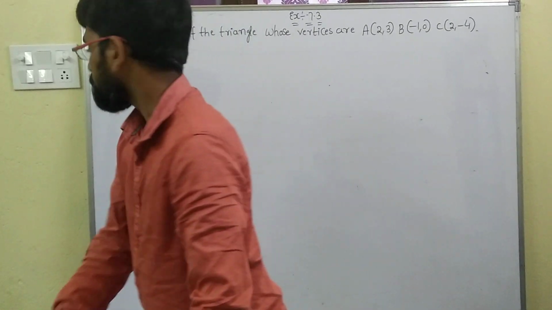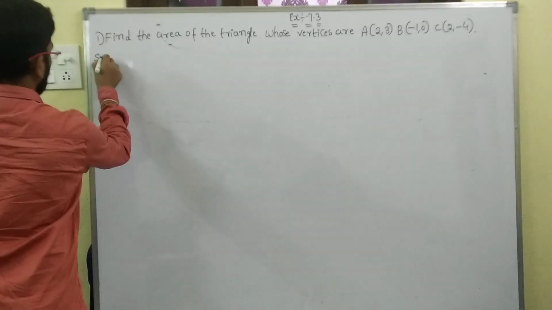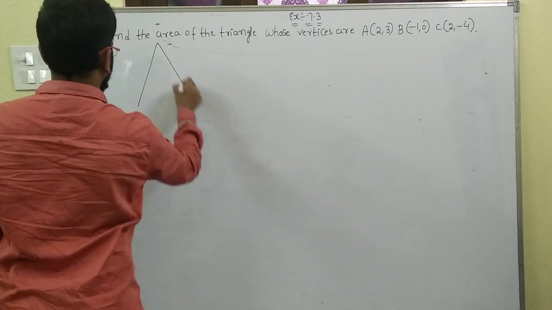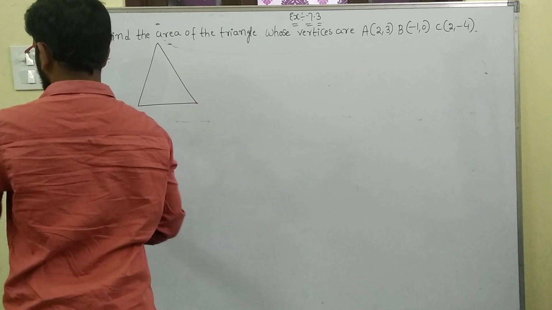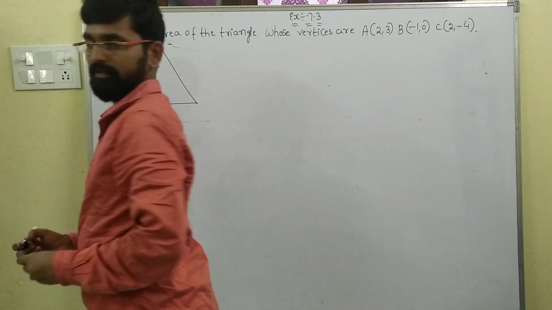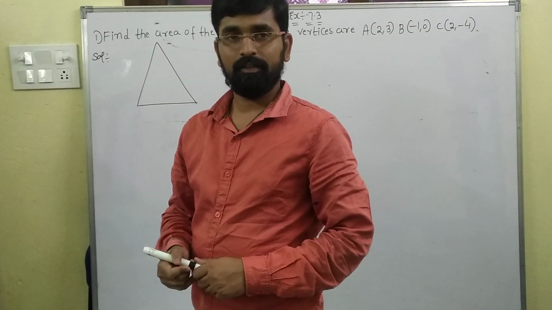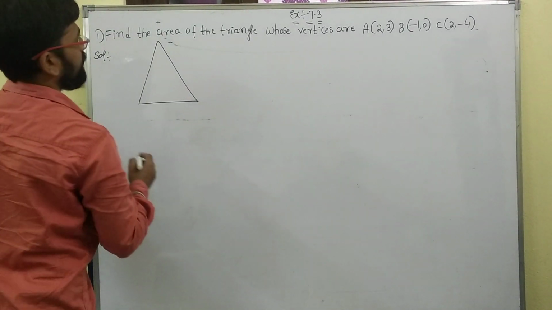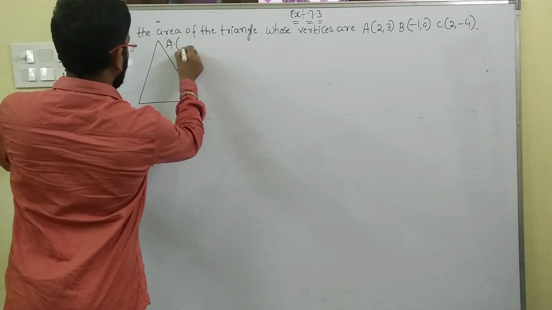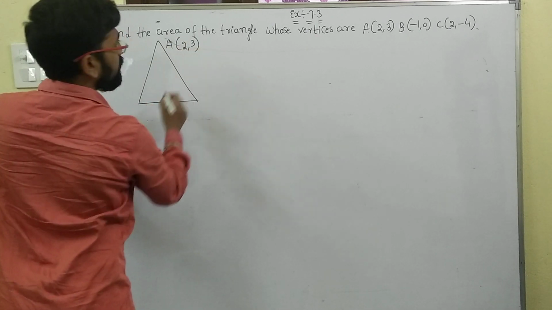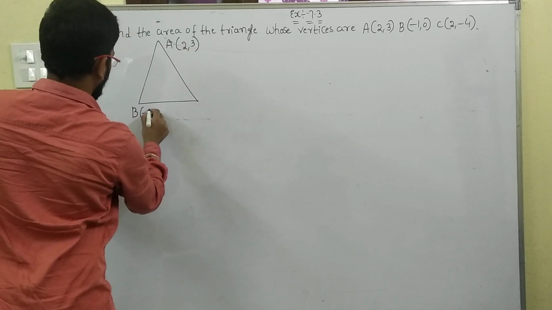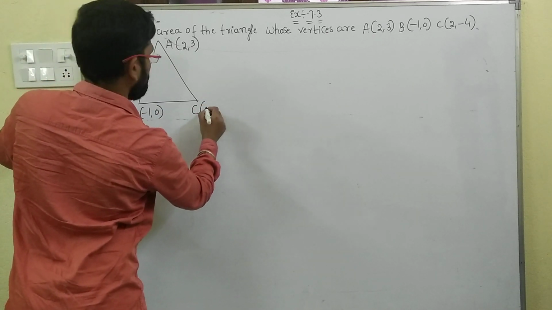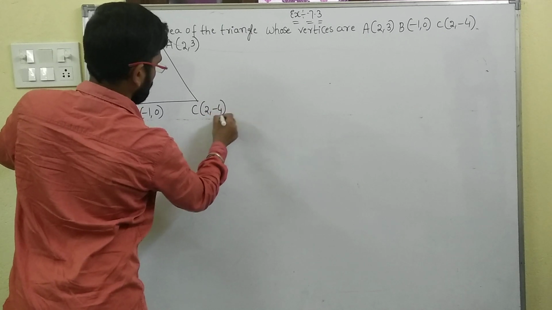Solution for this is the area of triangle. A is 2, 3, the B point is minus 1, 0, and the C point is 2, minus 4.